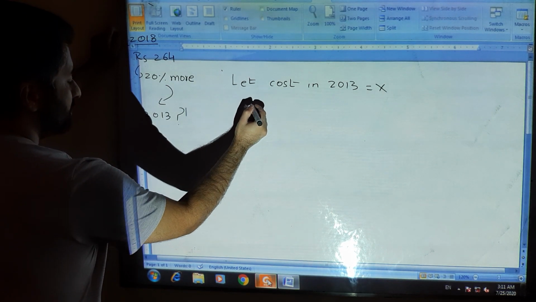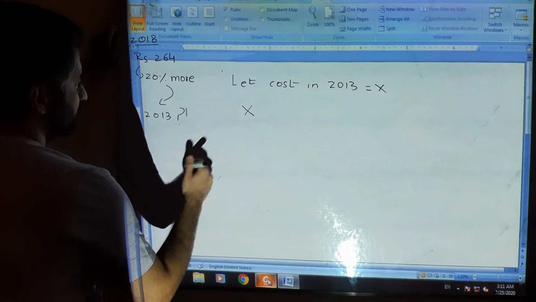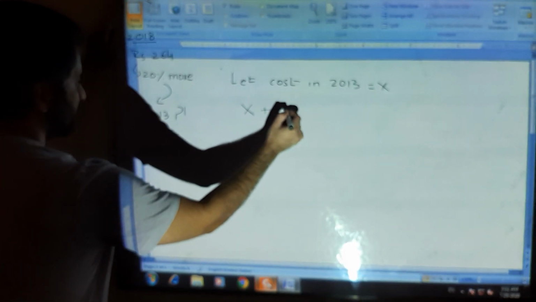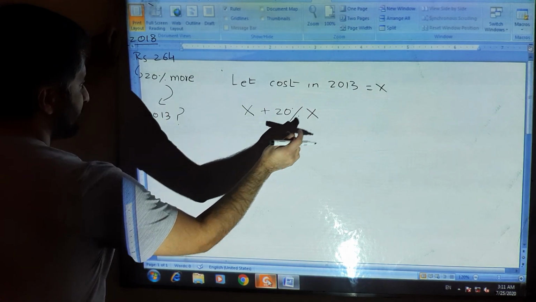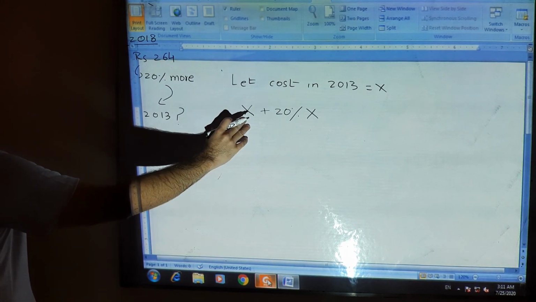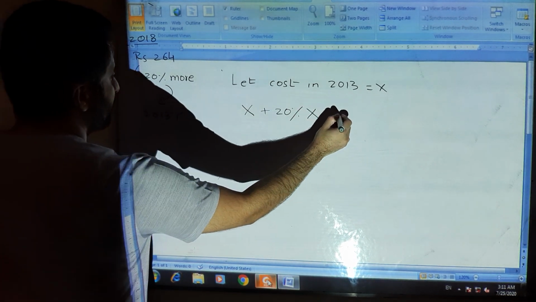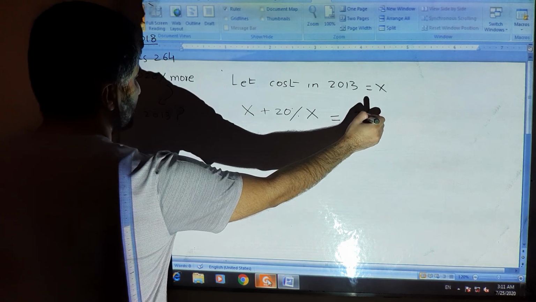So if you have cost X in 2013, increase this by 20%. Increasing the cost in 2013 by 20% will give you the cost in 2018, which is 264.